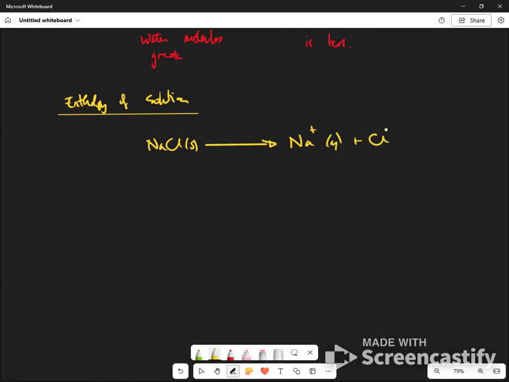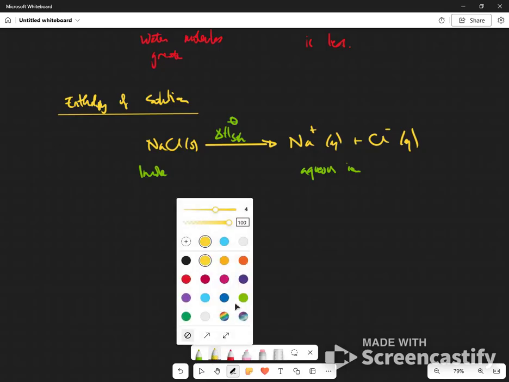Cl minus aqueous. Okay, that is defined as the enthalpy of solution when we have 1 mole of this and we get the aqueous ions on this side. And this is defined as the enthalpy of solution. That one we got to know about, so please, if you don't know that one, look that one up.